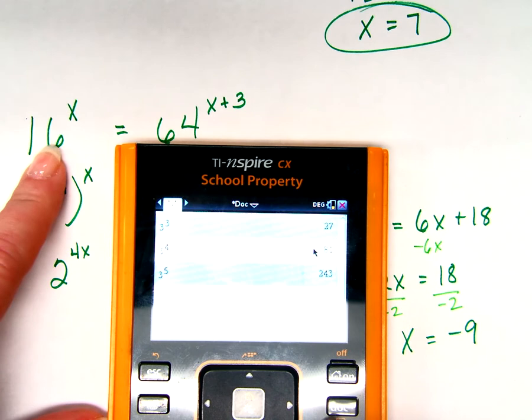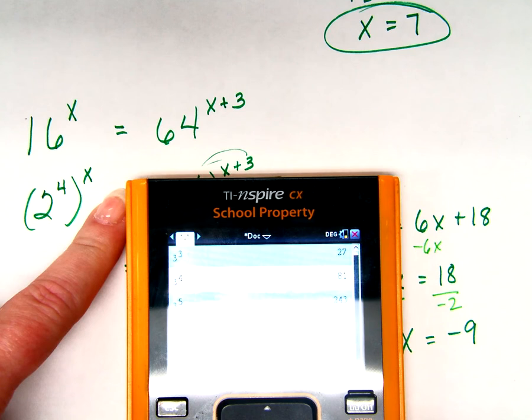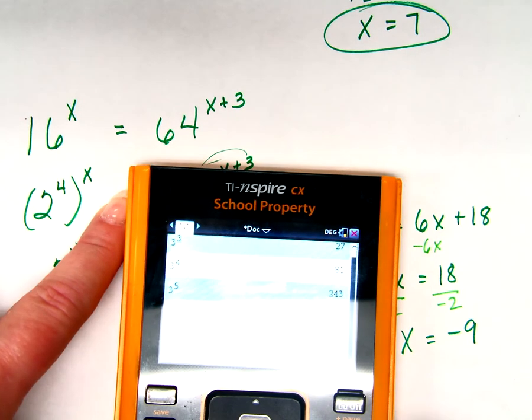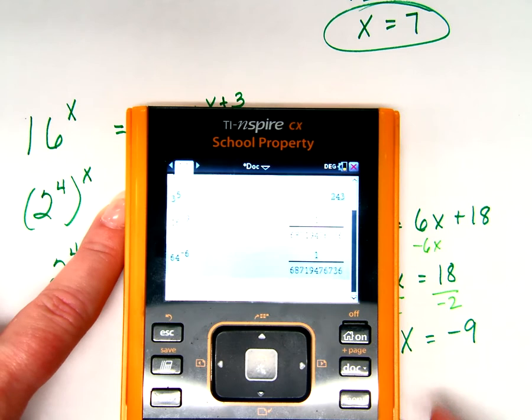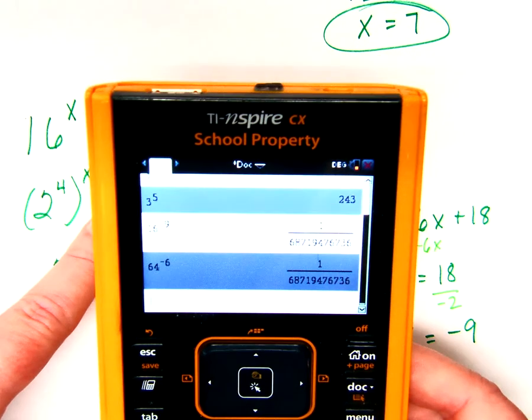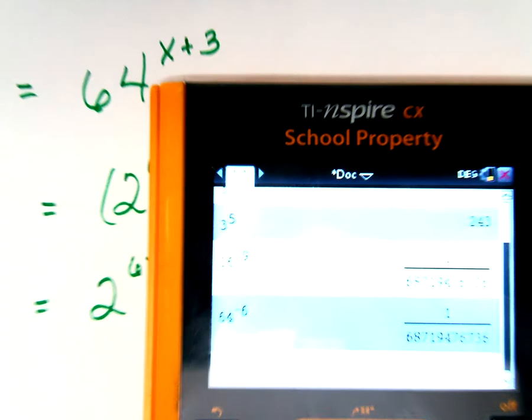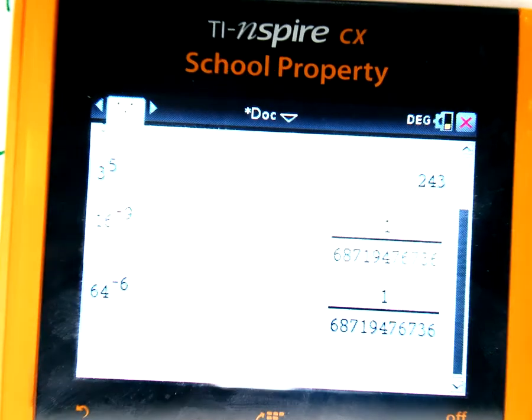16 raised to the negative 9th power. There's the answer. 64 raised to the negative 9 plus 3, so negative 6. It doesn't matter what it is. It matters that they, oh, you can't even see it. Calculator's being a jerk. It doesn't matter what it is.